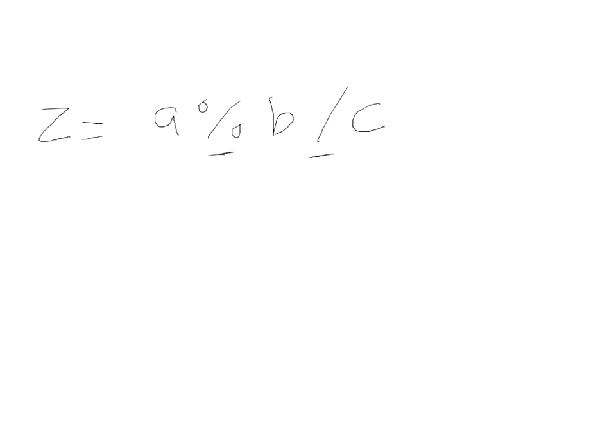In this example, we cannot do the division first because the remainder came first from the left. They have the same precedence rules, so because the remainder came first, we do A remainder B first, get the answer, and then divide it by C. I hope this answers your question.